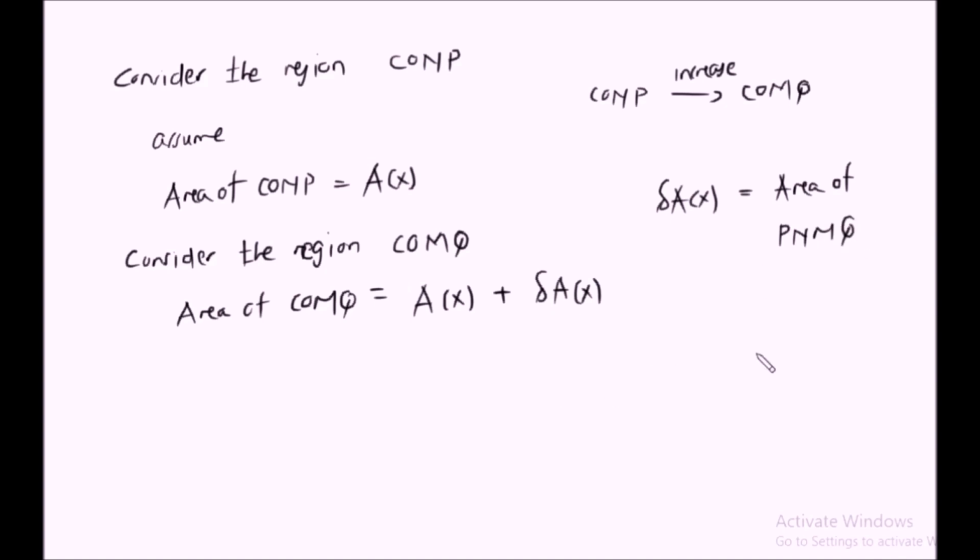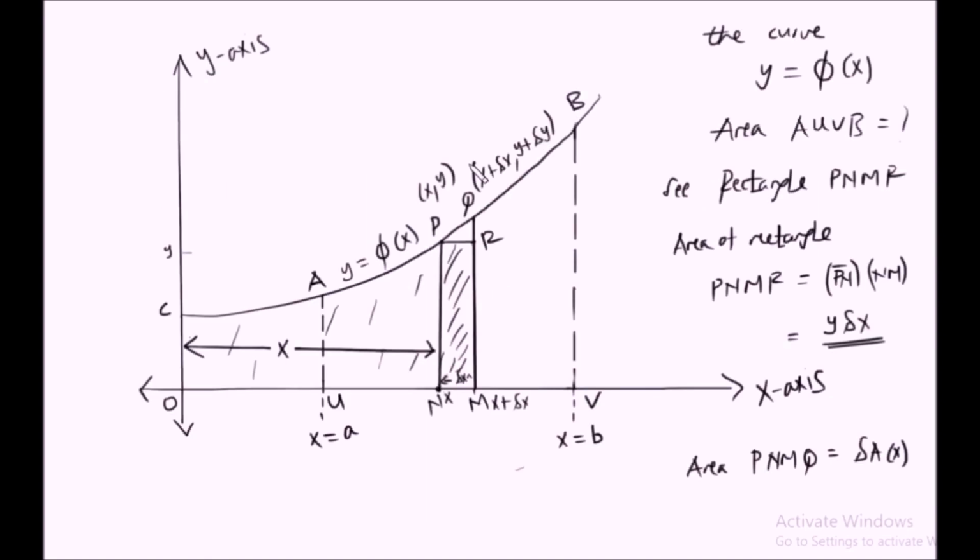Hii delta A x now, hii area of PNMQ, kile kisehemu kilichoongezeka ambapo tulivyo increase from CONP to COMQ is greater than the area of the rectangle PNMR. Okay, kwa sababu kisehemu kilichoongezeka ni hiki, lakini hii area yake ni greater kuliko area ya rectangle PNMR kwa sababu you can see kuna hiki kisehemu kilichozidi, okay?